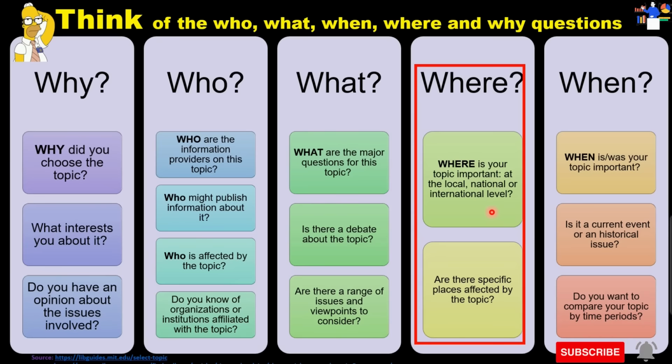And then it is important to think of where the selected research topic is important. Is it important locally or nationally or regionally or at the international level? Just like COVID, just like the Ukraine war, just like the Belt and Road Initiative initiated by China, it may be international, or it may be some local issue just like floods in Pakistan.